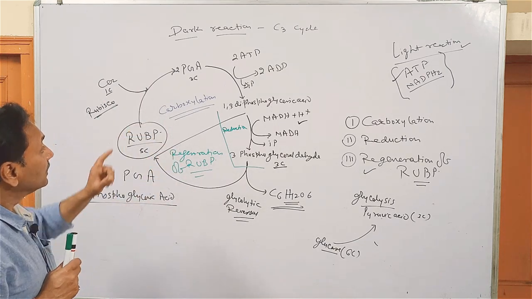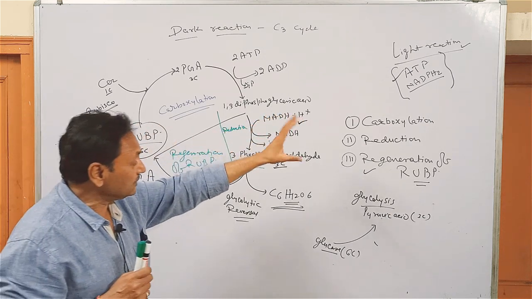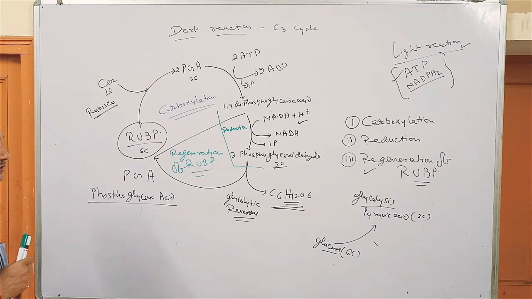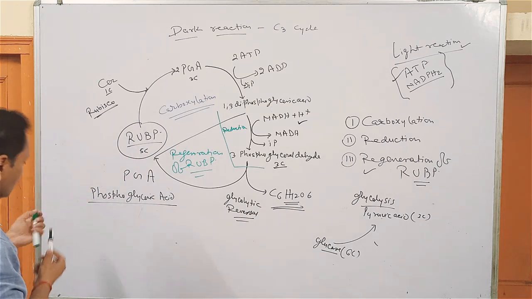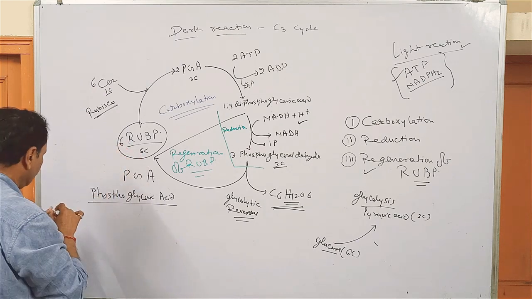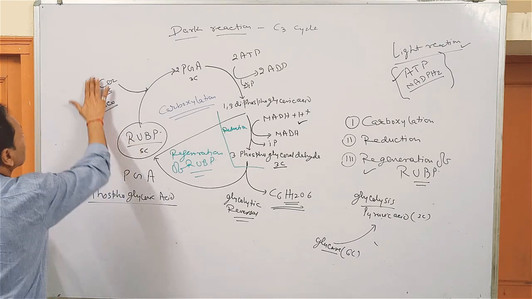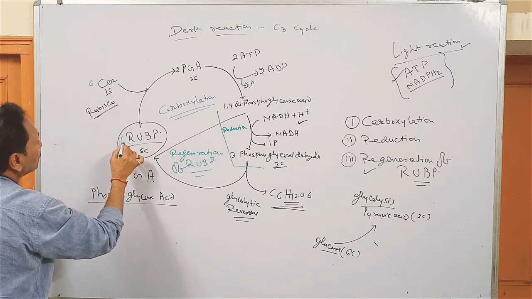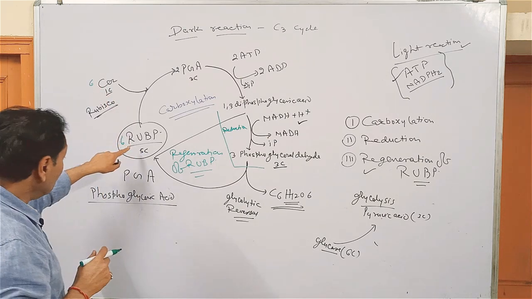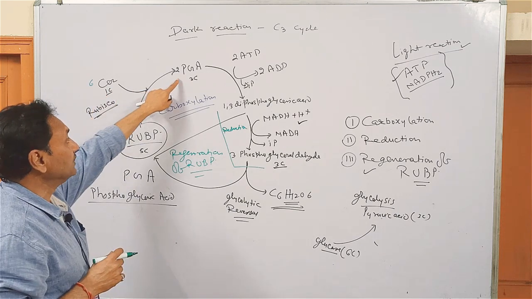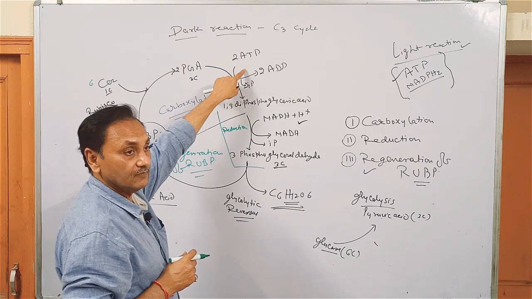And now, how many ATP and NADPH are involved in the production of one molecule of glucose? Here, 6 molecules of CO2 and 6 molecules of RUBP. You have seen that when 1 molecule of RUBP receives 1 molecule of carbon dioxide, they utilize 2 molecules of ATP.